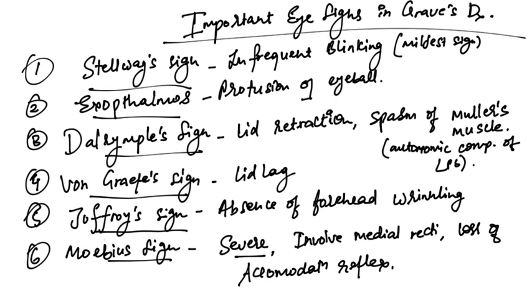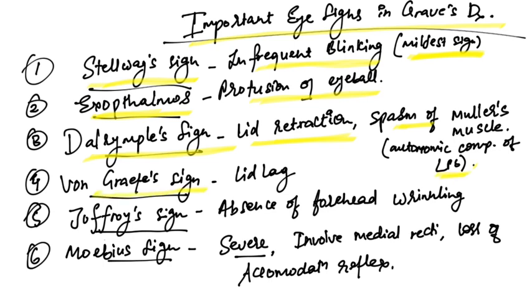Now, important eye signs in Graves' disease. Now, Stellwag's sign is infrequent blinking, and it is the mildest sign seen in thyrotoxicosis. Exophthalmos is a protrusion of the eyeball, and Dalrymple's sign is lid retraction due to the spasm of Muller's muscle, that is the autonomic component of LPS.